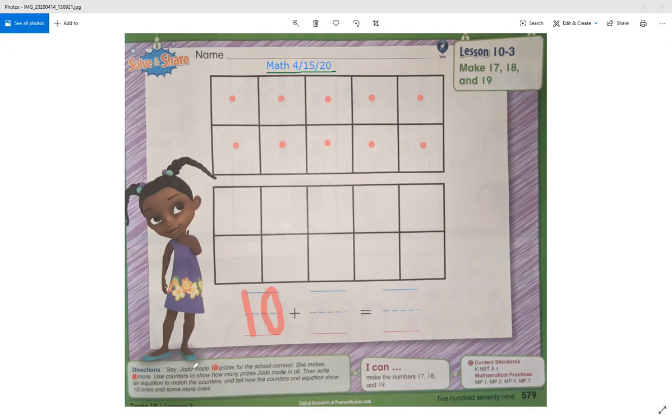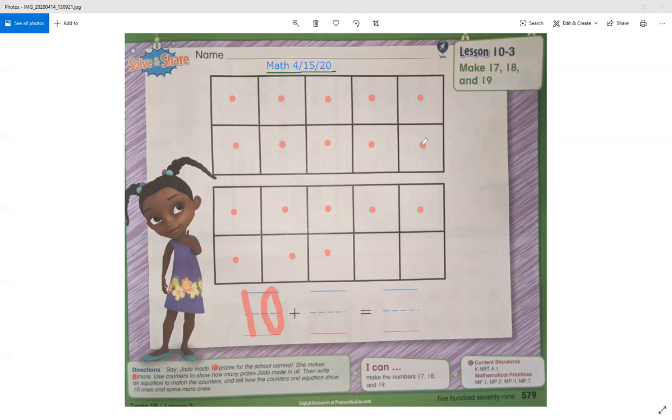The second part, after it says Jada made 10 prizes for the school carnival, it says she makes 8 more. So she's adding some more into her prizes. She makes 8 more prizes. So let's put the 8 in here. 1, 2, 3, 4, 5, 6, 7, 8.